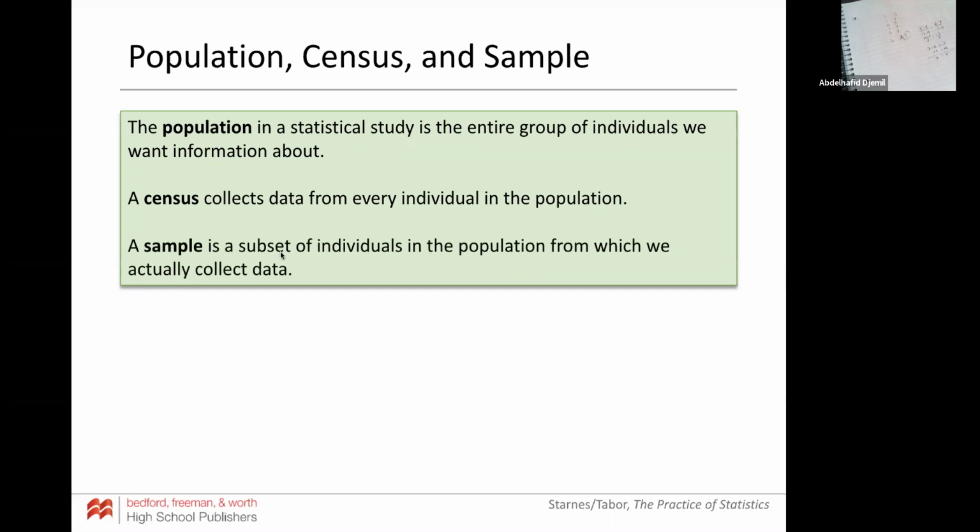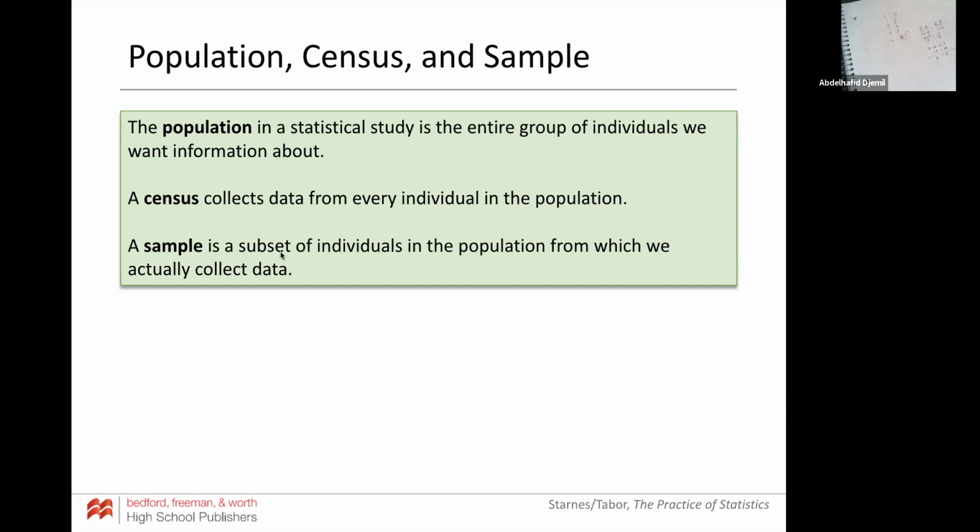The sample is a subset, a small portion of the population, from which we actually collected the data. So we collected the data not from everybody, but from a sample. In a census, we don't have a sample. When we are talking about the census, there is no sample. We take all the population.